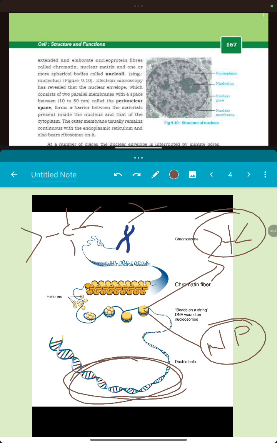Nuclear matrix. See, basically this thread is chromatin.